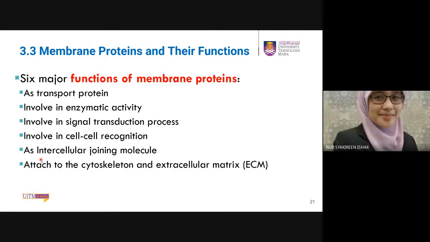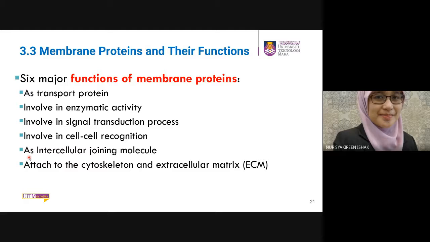Alright. Okay, so the next one is as intercellular joining molecule. So for example, you have cells of certain types of tissues. So these cells have to attach to one another. Macam kita tengok hari tu, tight junction contohnya kan, tight junctions.